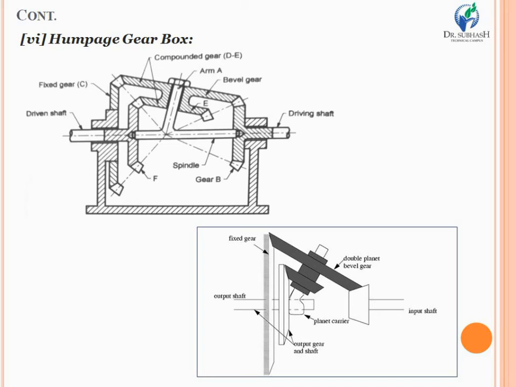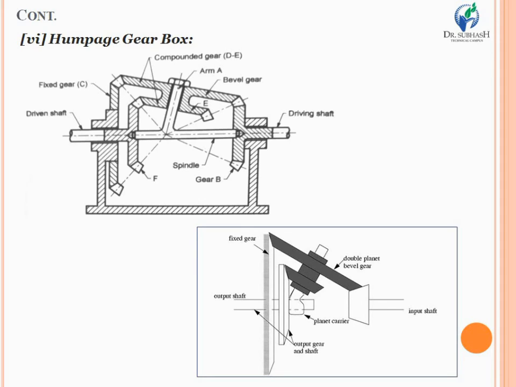Both of the gears, the fixed gear and the output gear, are bevel gears, and both gears mesh with the double planet bevel gear, which is mounted on a planet carrier. One end of the double planet bevel gear meshes with the fixed gear, whereas the other end of the peripheral surface of the double planet bevel gear meshes with the bevel gear mounted on the input shaft.